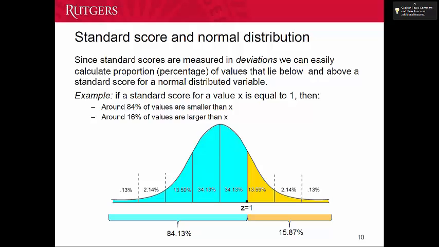For example, if the standard score for a value x equals 1, then we add all of these percentages together, and we have the number 84.13%. So around 84% of values are smaller than x, and around 16% of values are larger than x.